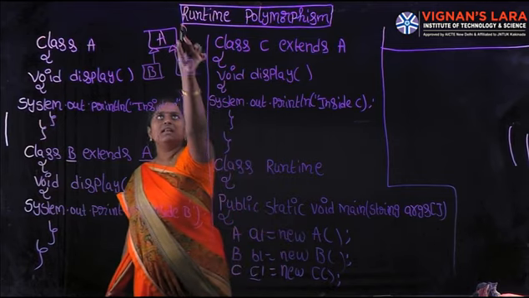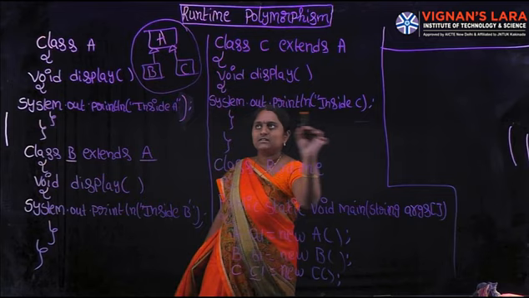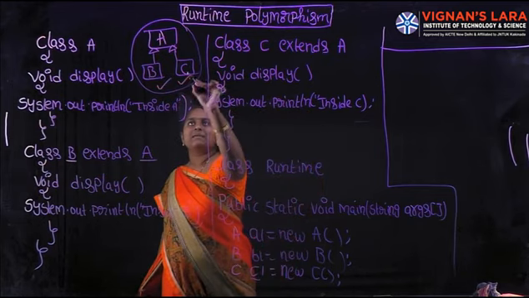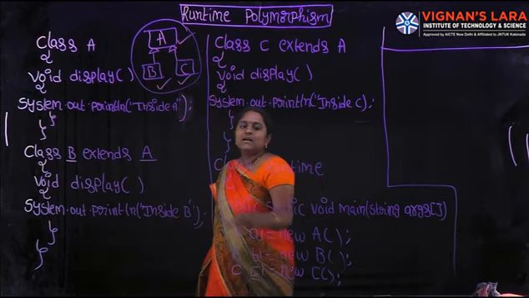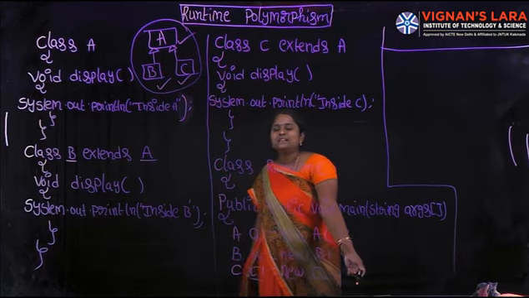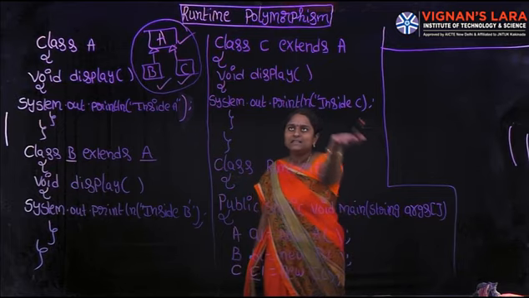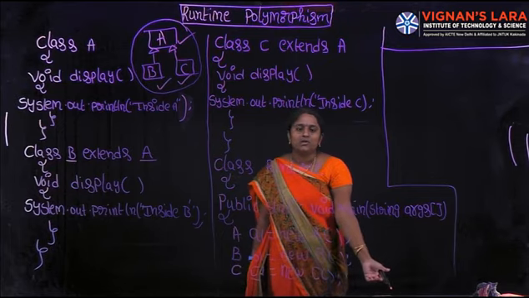Derivation of several classes from a single superclass is called hierarchical inheritance. Here B and C are subclasses, A is the superclass. Class B extends A, class C extends A. Already we have written these three classes in our program.